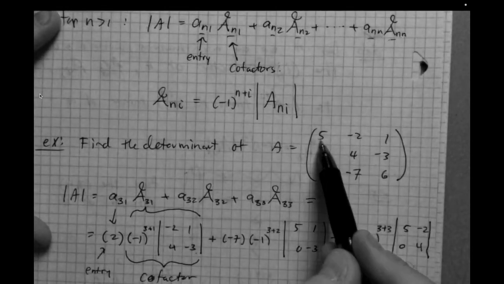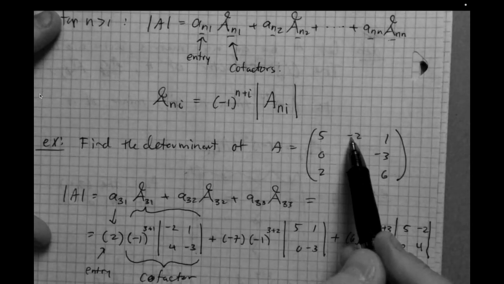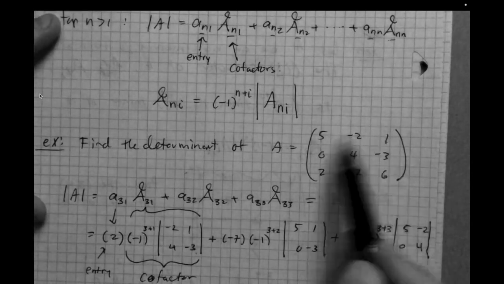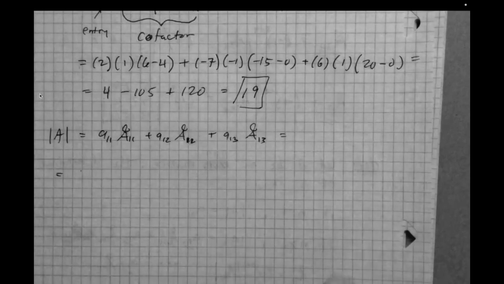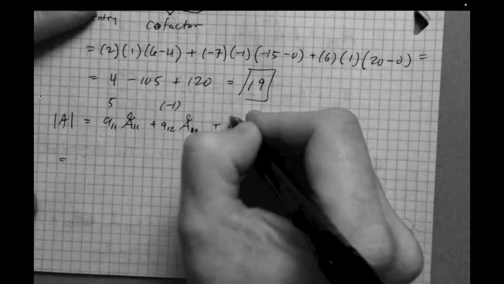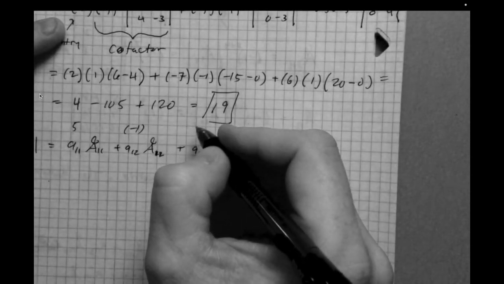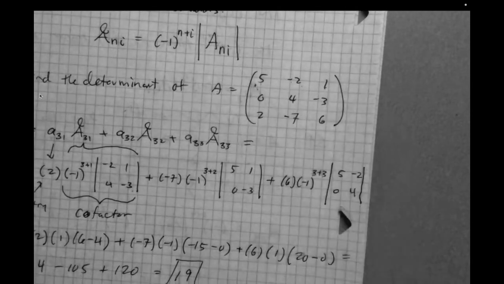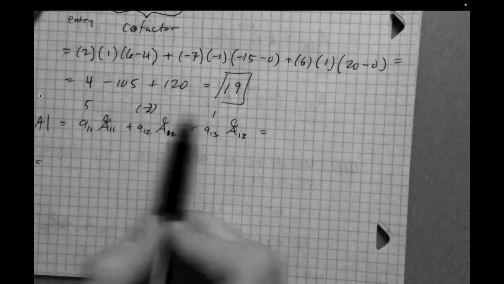The 1, 3 entry is 5, and then it's a -2, and then it's 1, right? So I'm just going to grab those three and bring them down here. Sorry, I said 1. That's 5, negative 2, 1.